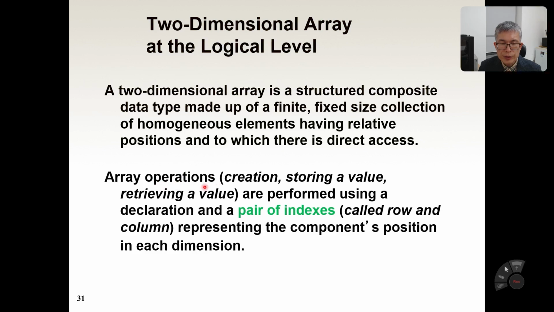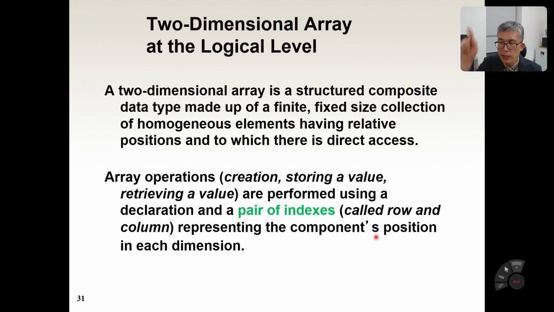Array operations such as creation, storing a value, retrieving, and accessing a value are performed using a declaration and a pair of indices called the row and column indices, representing the component position.